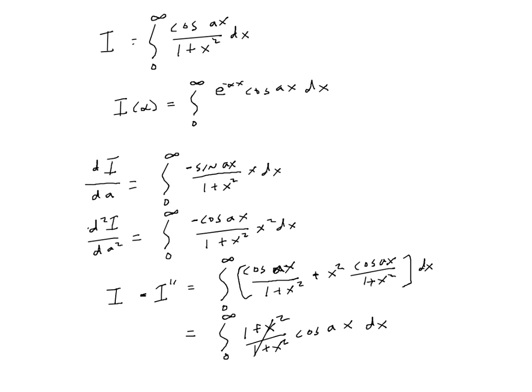So now I just have that I minus I double prime is equal to the integral from 0 to infinity of cosine ax dx. And then I can play around with this and add in my other terms.